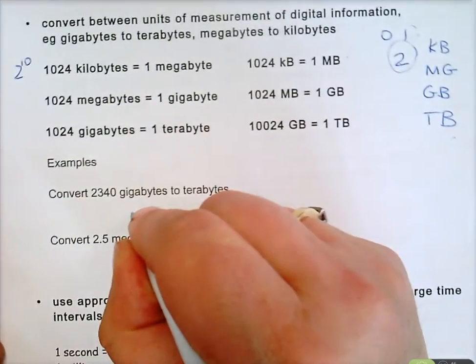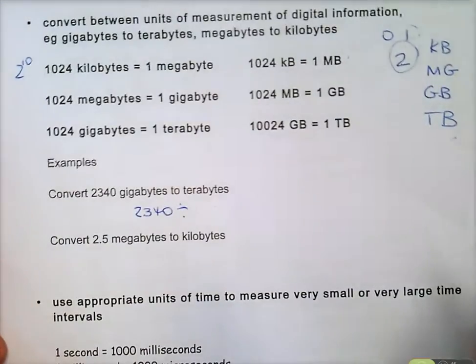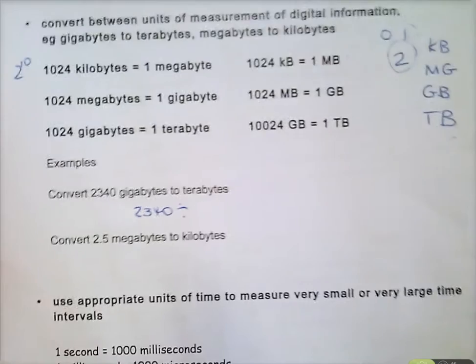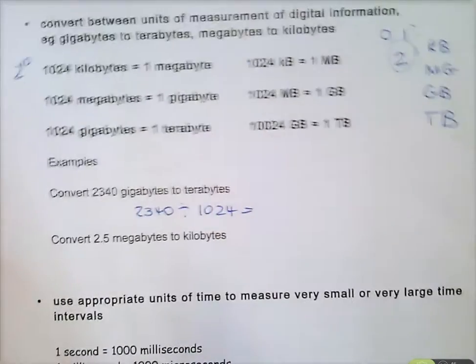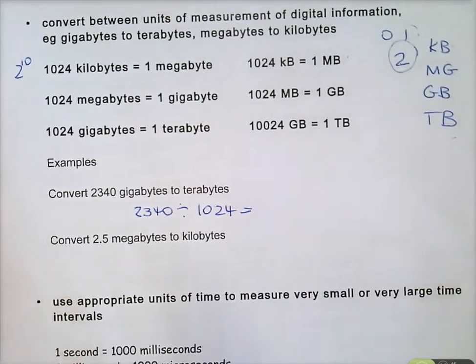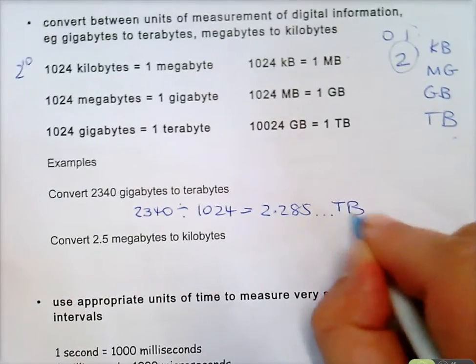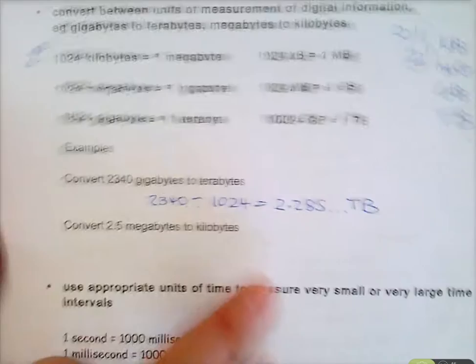So how many terabytes do you have? 2,340 divided by what? 1,024 gigabytes makes 1 terabyte. So you divide it by 1,024 and you get approximately 2.285 terabytes.